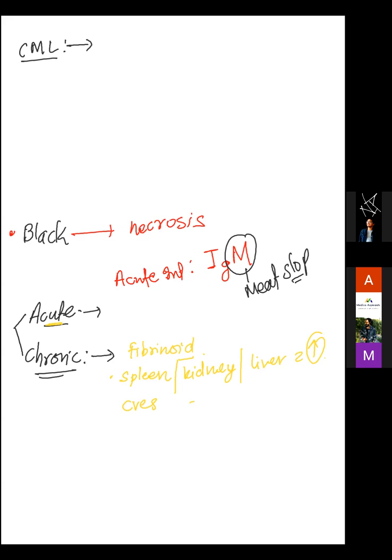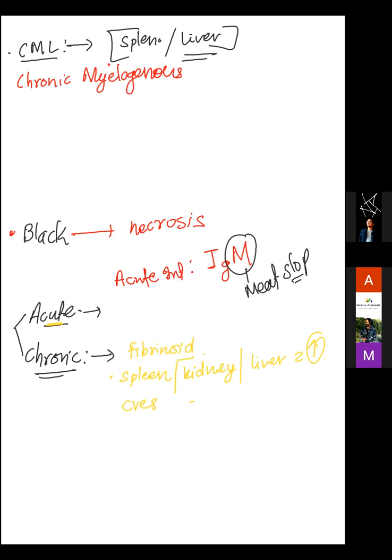Here the famous keywords are spleen large and liver enlarged. But how you should remember: every time in the question, whenever you see a leukemia condition or myelogenous condition, chronic means long time, simply.